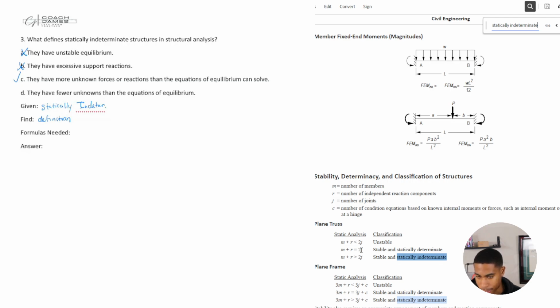You typically know the joints, but you don't know some of the reactions in place, and that's what makes it statically indeterminate. But what they're saying is they have fewer unknowns, which would mean it's unstable. But that's not the case. So C would be our answer.